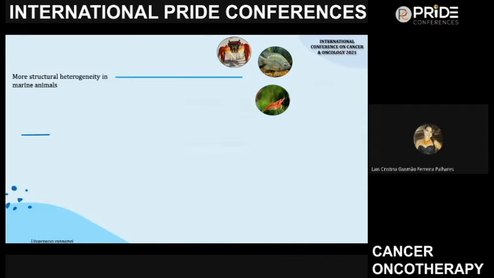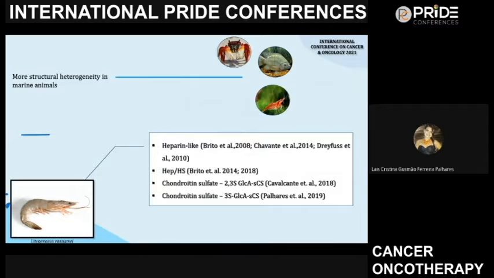That's one of the reasons why the lab where I did my PhD and my master's focuses on the shrimp, because this whole research was performed in Brazil, and it's a very common type of shrimp that we have on our coast in Brazil. So our lab managed to characterize four different types of GAGs extracted just from this species of shrimp, Litopenaeus vannamei. But we are going to focus on the last one, which was the subject of my PhD, a chondroitin sulfate. And that's what we're going to discuss here a little bit.